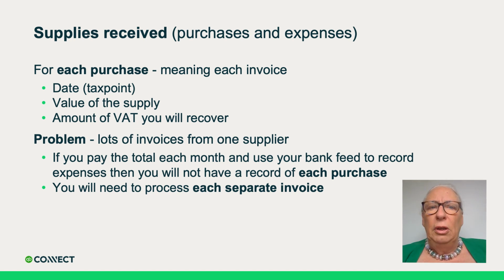So if you're using your bank to create your purchase transactions, you've got a little bit of a problem sometimes. Because if you make a payment of, let's say, 3 or 4 invoices together, technically that has to be several lines of data. So using the bank can mean that you're recording the data as one chunk rather than for each purchase invoice.